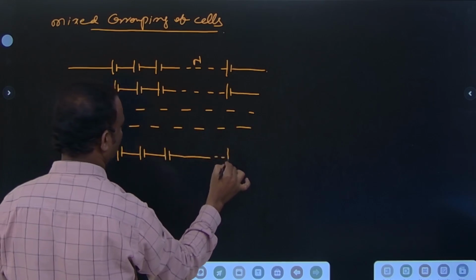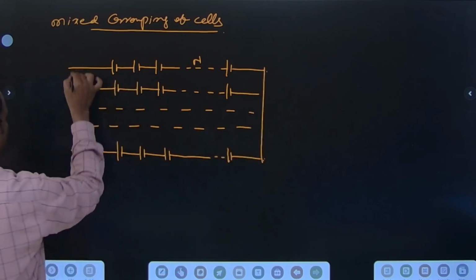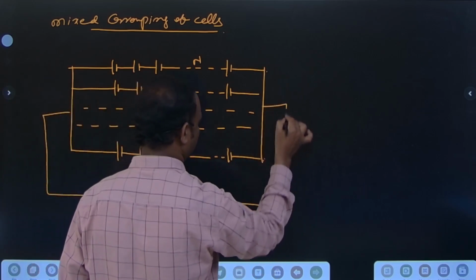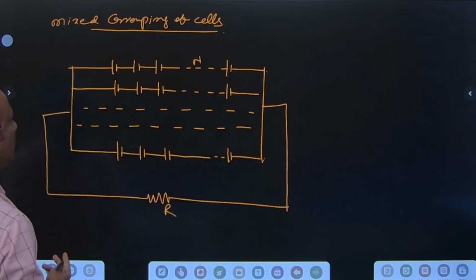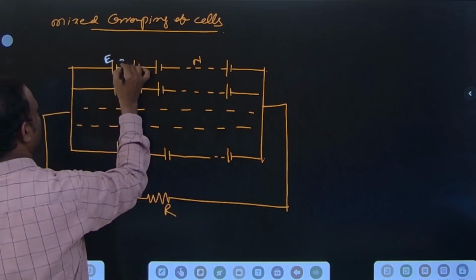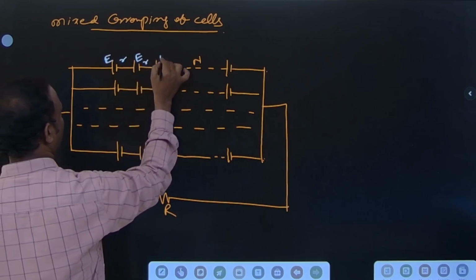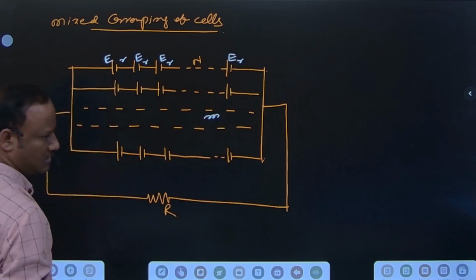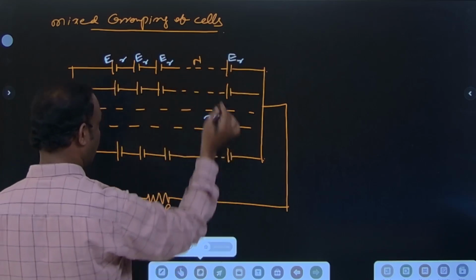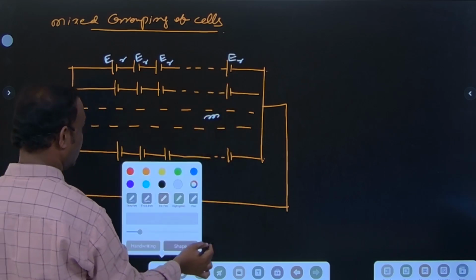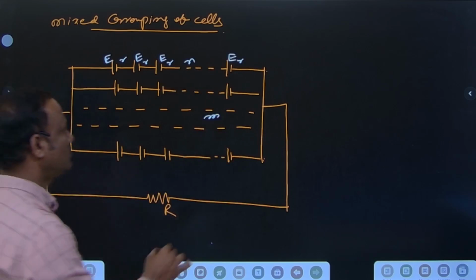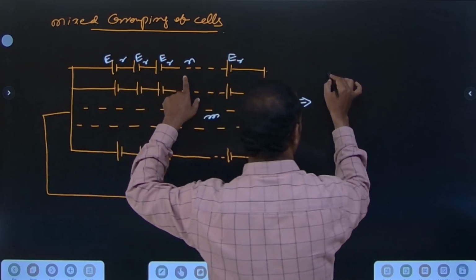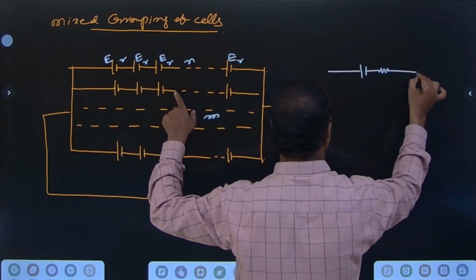This is the condition, and it is connected to the external resistor R. Each cell has EMF E and internal resistance small r, repeated n times in series. So these are grouped as one in series.